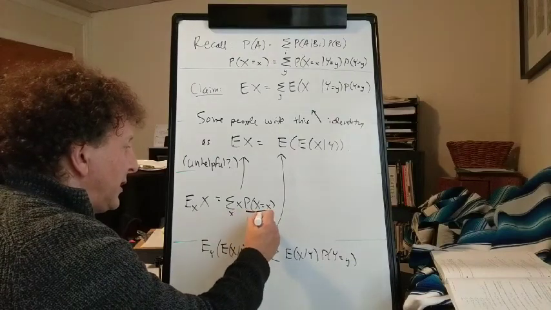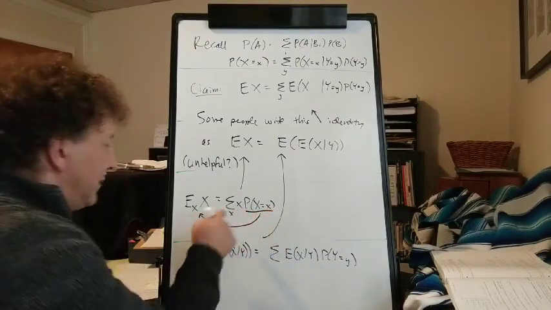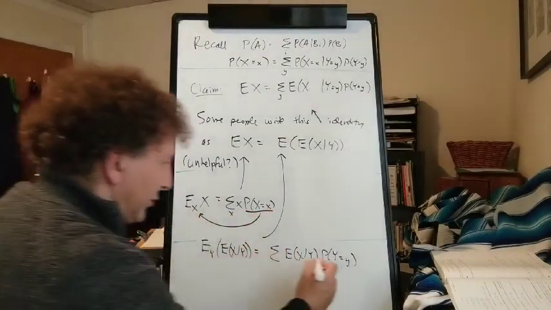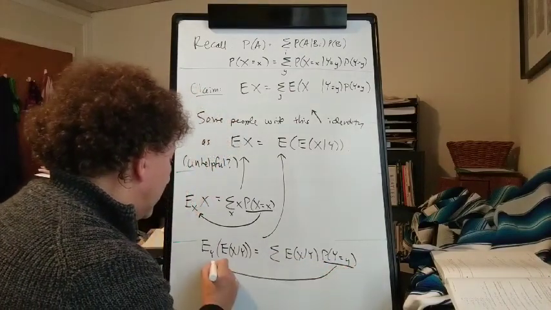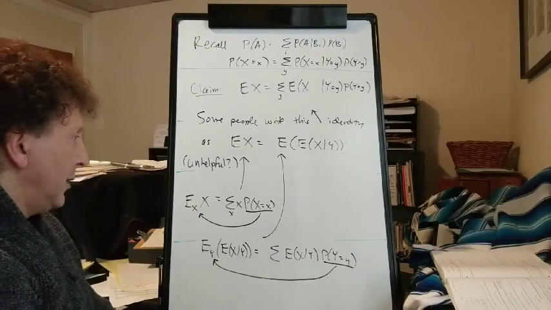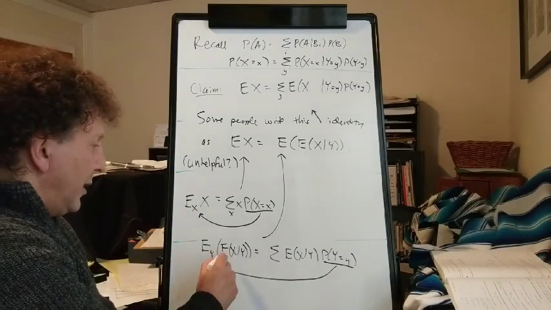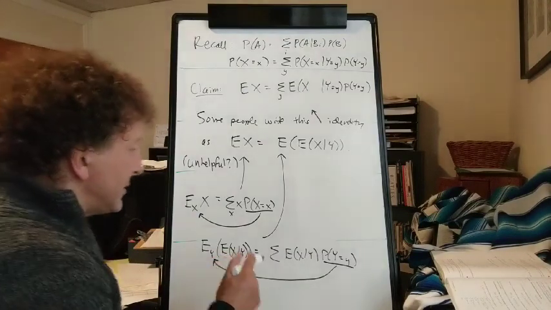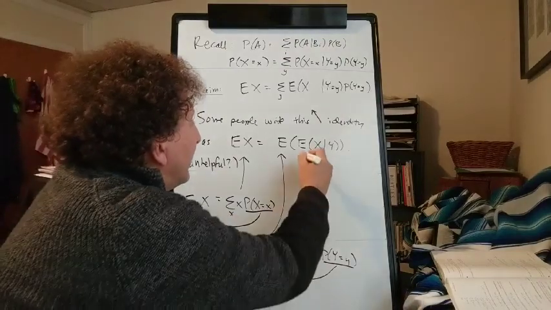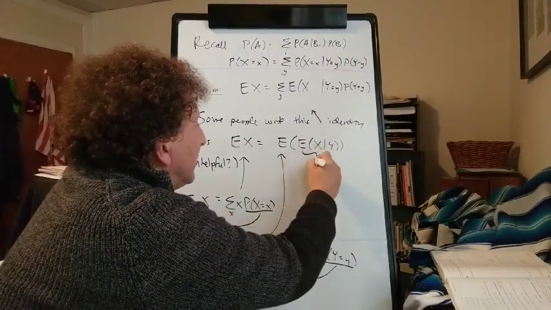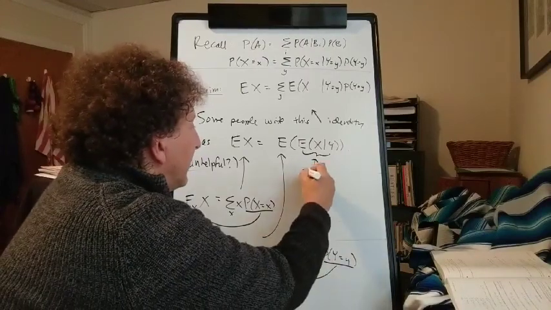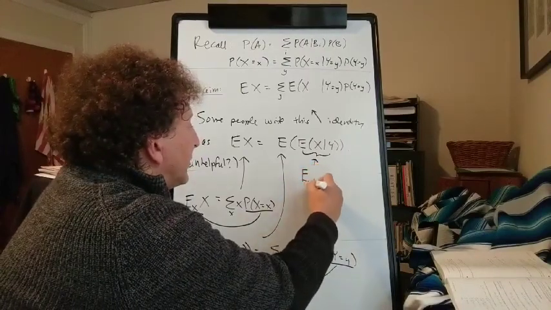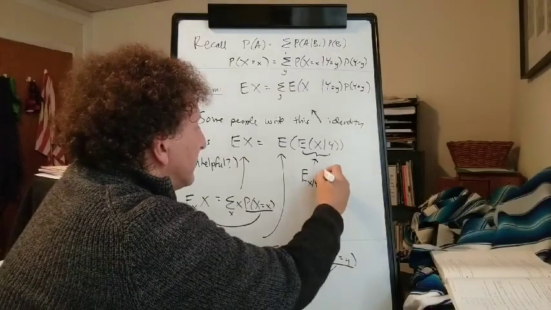So the probability here is what I'm using in the subscript. And then the inner expected value here is a conditional expectation.